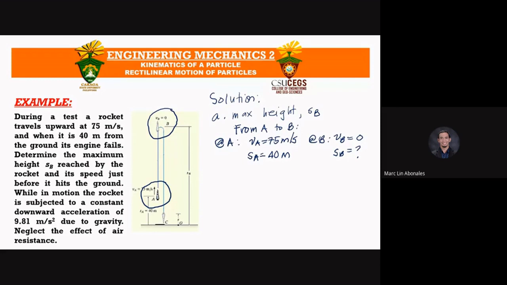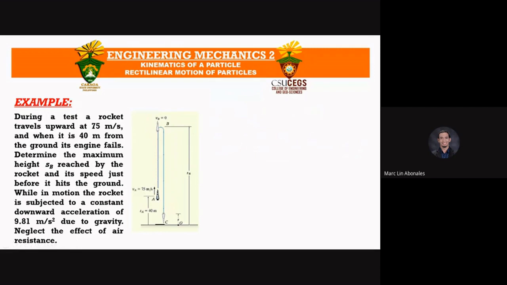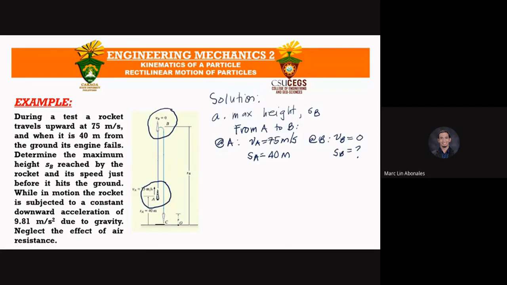If you review the three equations, we have velocity as a function of time, position as a function of time, and velocity as a function of position. Since what is given is velocity and position, we use the velocity as a function of position equation to determine the maximum height of the rocket.